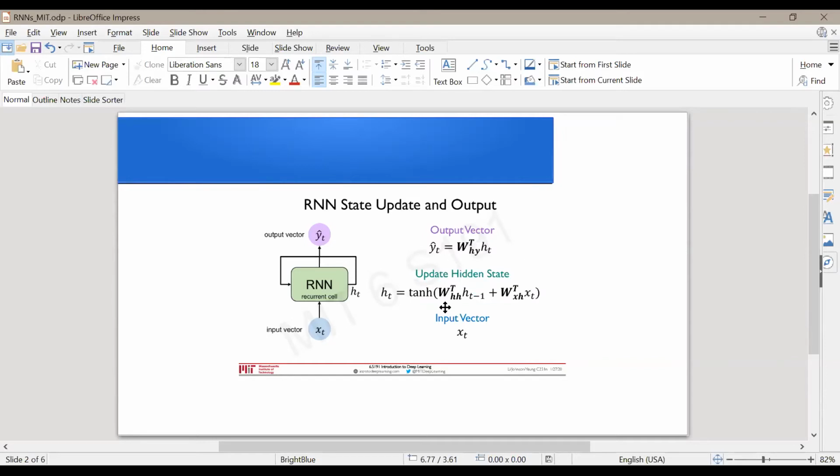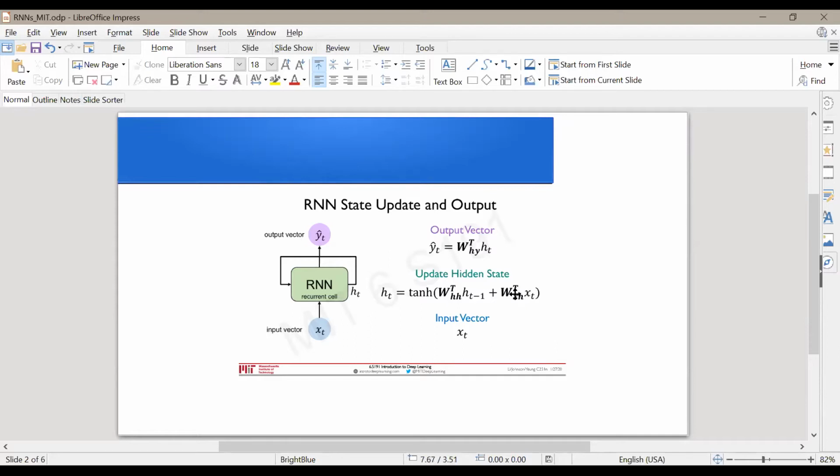So the hidden state gets computed from the hidden state before it and the input in this way. You can see that the schematic says the input goes in, the previous hidden state goes in, and the next hidden state goes out. And this is how it's computed. You have the hidden state from time t-1 multiplied by the matrix WHH, and then you add it to the input vector xt multiplied by the matrix WXH, which maps the input state to the hidden state.